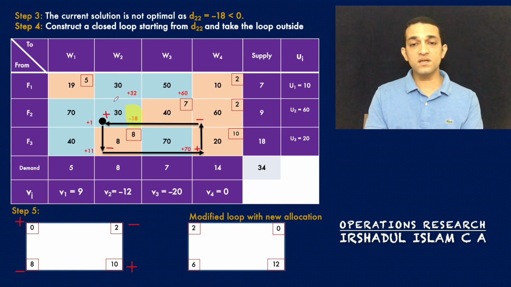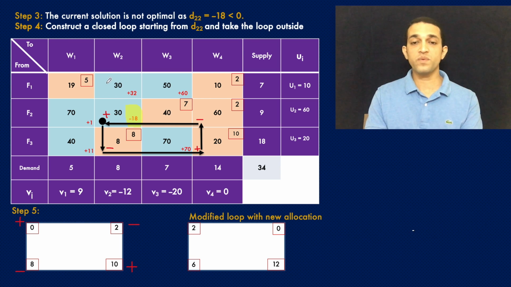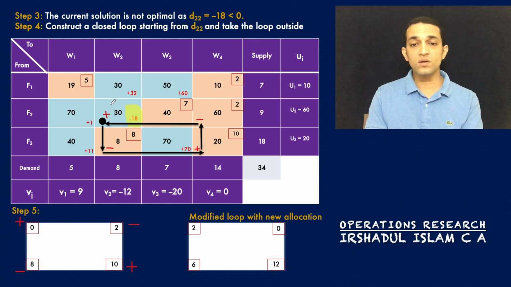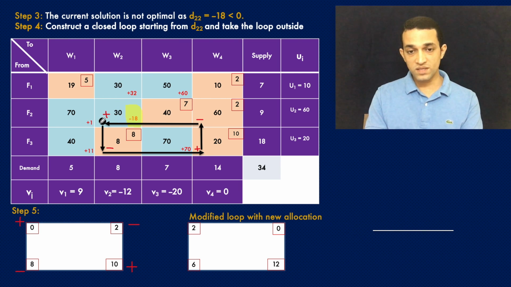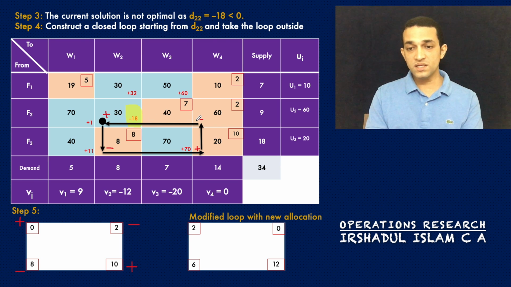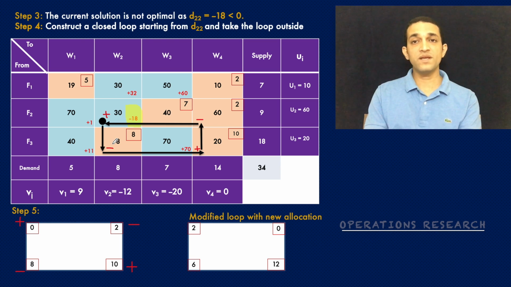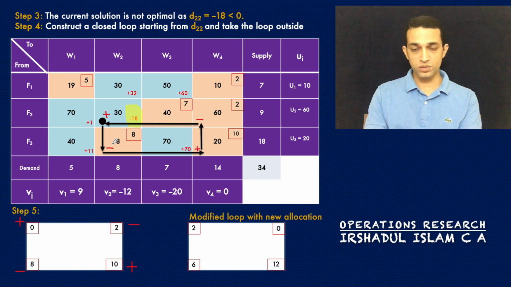Similarly, in the upward direction this is also an unoccupied cell, so we can't make a loop in this direction. At the same time, we can go in this direction or in the downward direction, because in this direction we have occupied cells. From there we can turn the route.